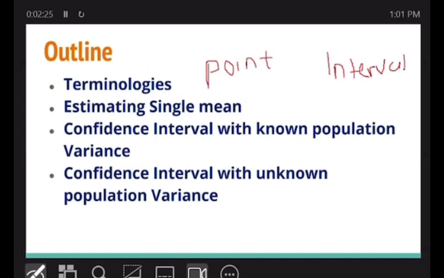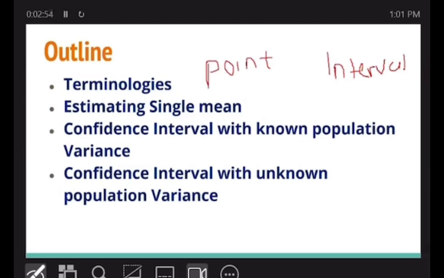But why do we go from point to interval? It is because a point estimate may be wrong or right, so it makes sense to always construct an interval. With an interval, we're always certain that the true value of the parameter lies in the interval.